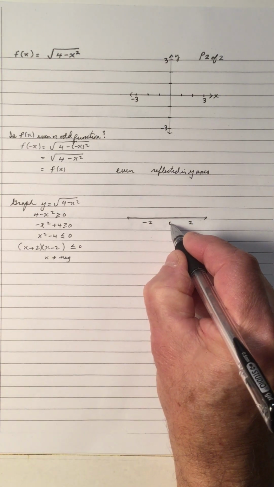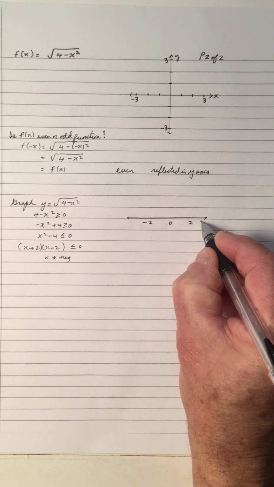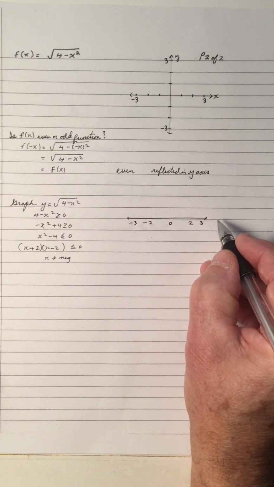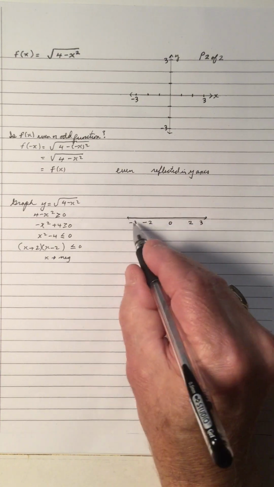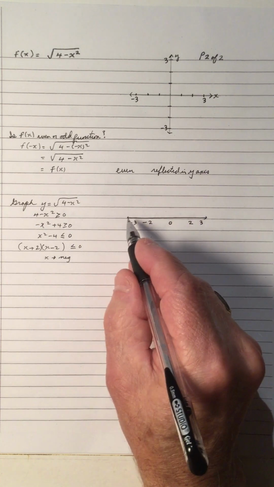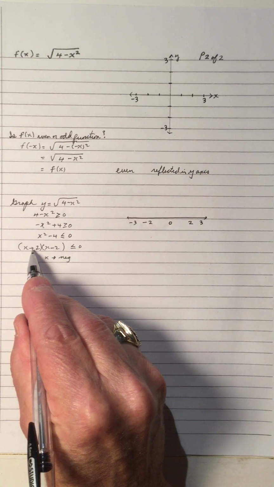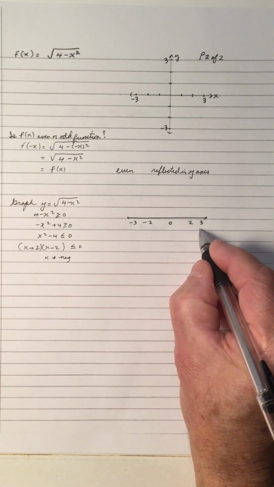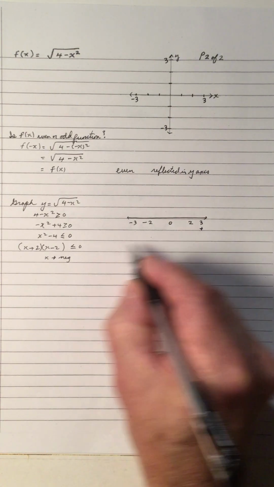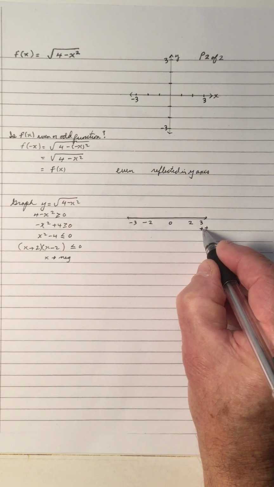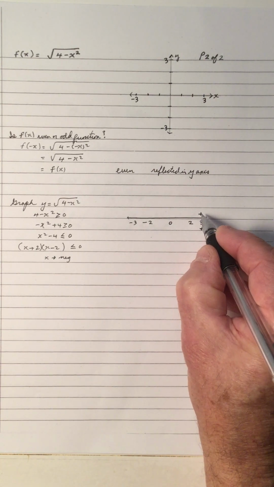Let's put a number in the middle, a number to the right of 2, and a number to the left of negative 2. Let's sub those values in and see what they give us, pluses or minuses. If we put a 3 in here, 3 here will give me a plus, and a 3 here will give me a plus 1. So that's a plus times a plus, which is a positive.